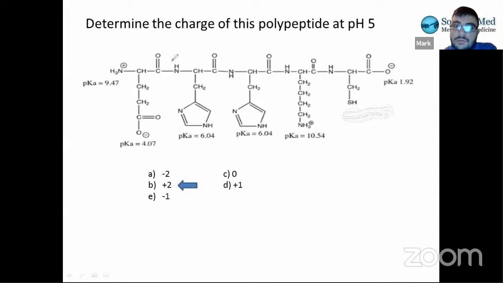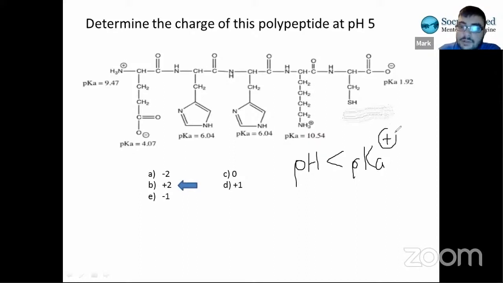So we mentioned that if the pH is less than the pKa, that means the environment is more acidic than the actual molecule. If the environment is more acidic than the molecule, then the molecule will be protonated. I'll just write plus for protonated.